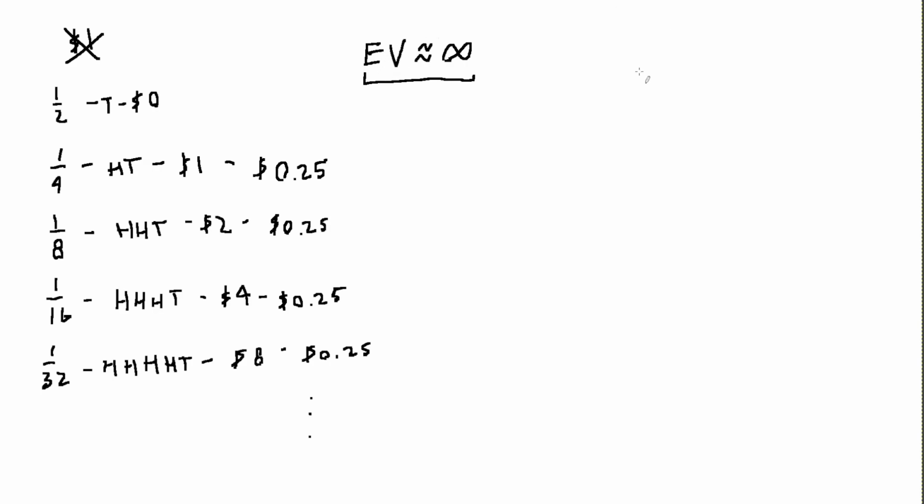This is similar to if we had, say, an expected value of 10, we would expect the average value per game played to get closer to 10 as the number of games played gets larger. Here, we're getting closer to infinity, which just means larger. Closer to infinity always means larger. So as we play more and more games, our average value per game is just going to increase and increase and increase.